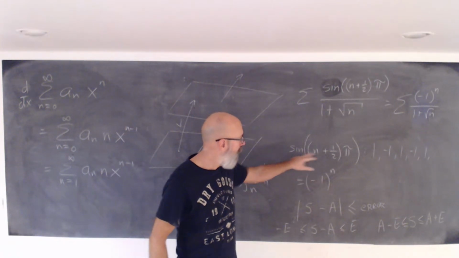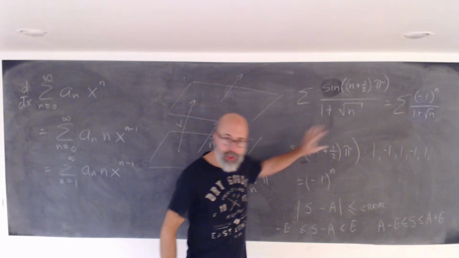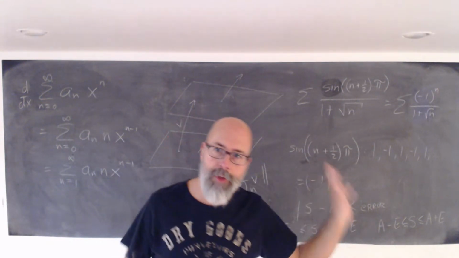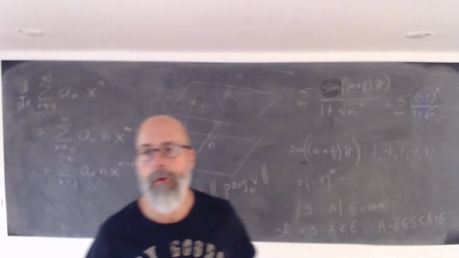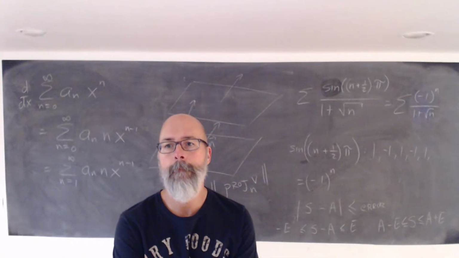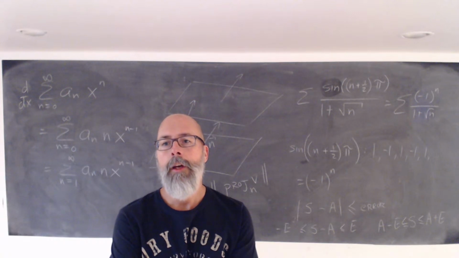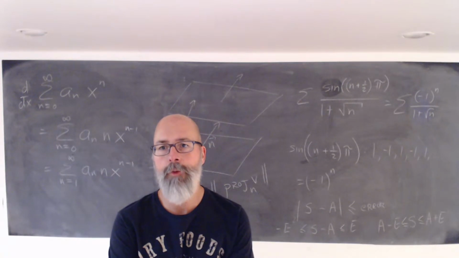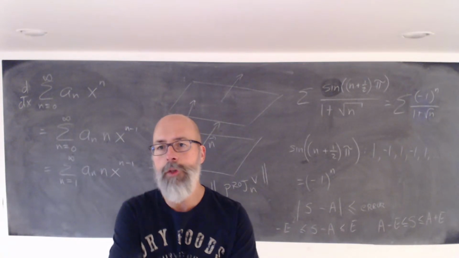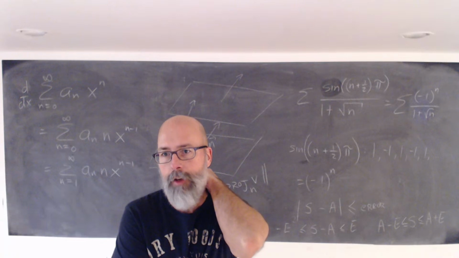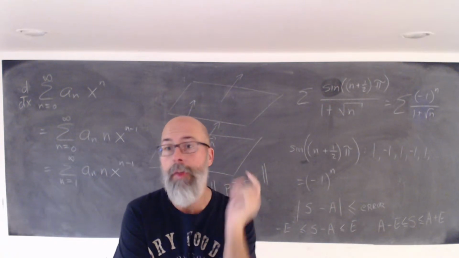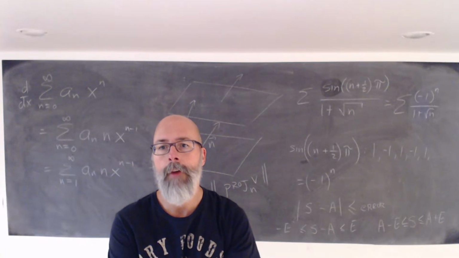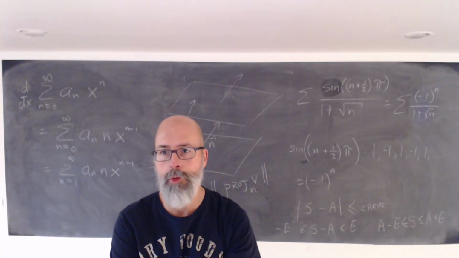If you had sine of n instead, just n, then none of this would follow. Blue Pill is asking, if the question asks for the exact error, we just have to subtract the calculated value from the exact value. That's exactly it. That's the actual error. And I think that answers Shen's question as well.